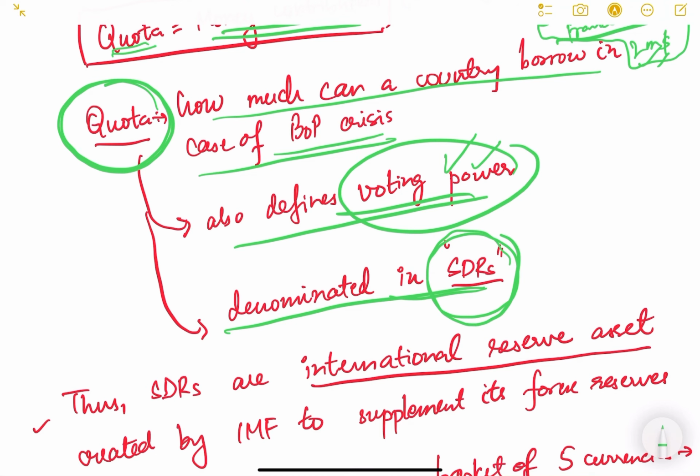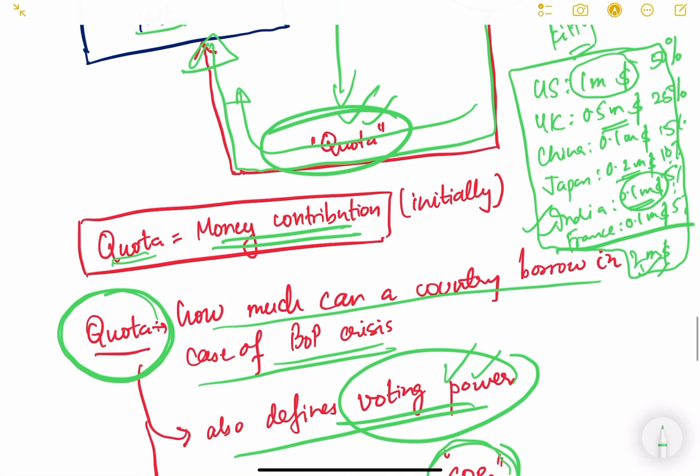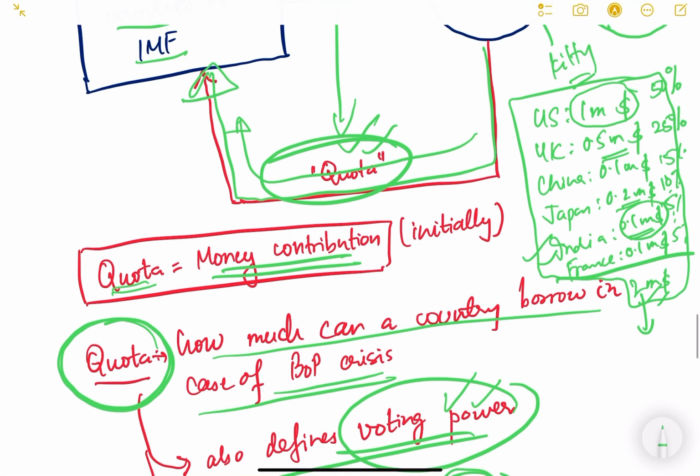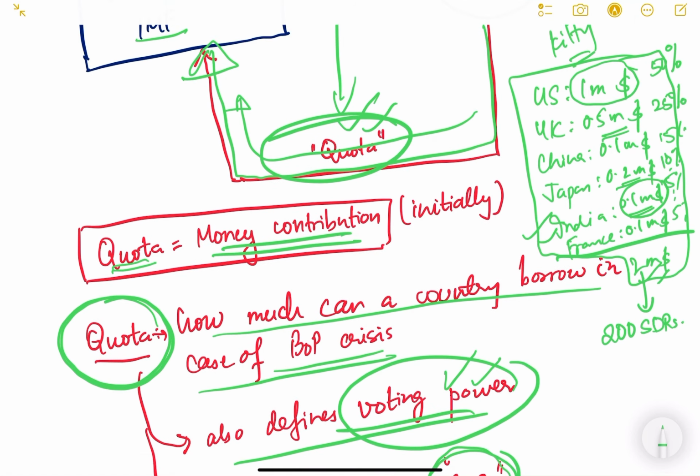SDRs. So for example, if this total $2 million is divided into say 200 SDRs. Okay, so equivalent amount of SDR, US will give 100 SDRs, right? Then UK will give 50 SDRs, because $2 million means 200 SDRs.